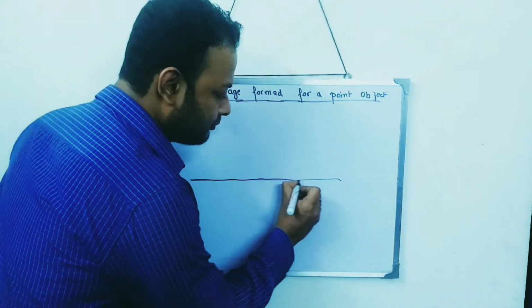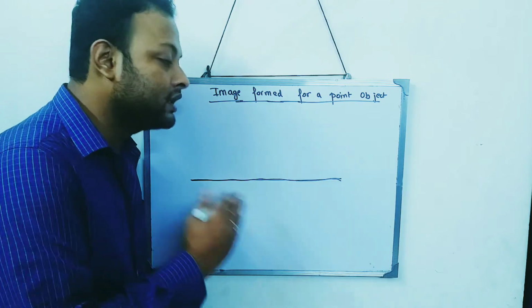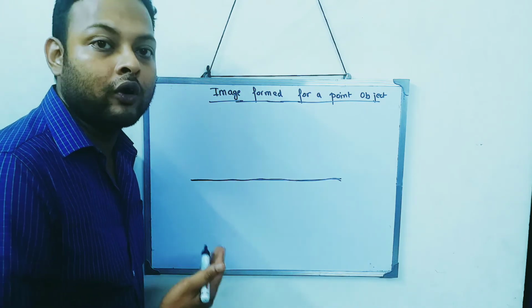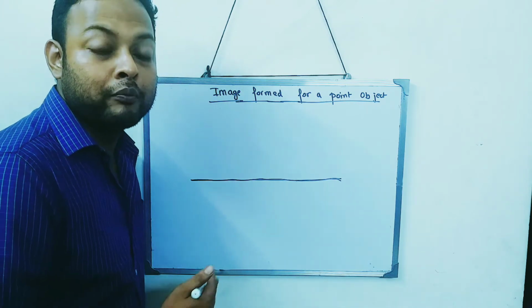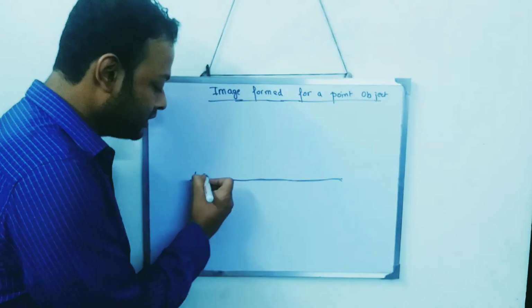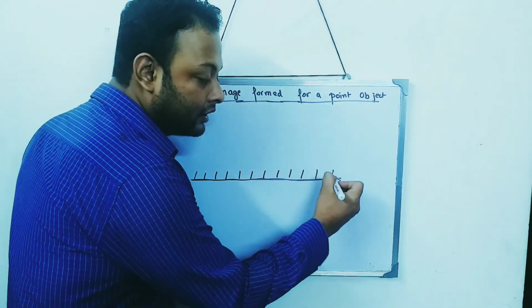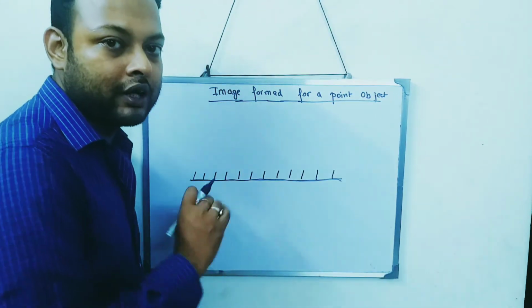Is it correct? No, this is not a mirror, it is just a simple line. We convert this line into a mirror by drawing hatching, which I already told you. When I draw these hatchings, it is considered a mirror.